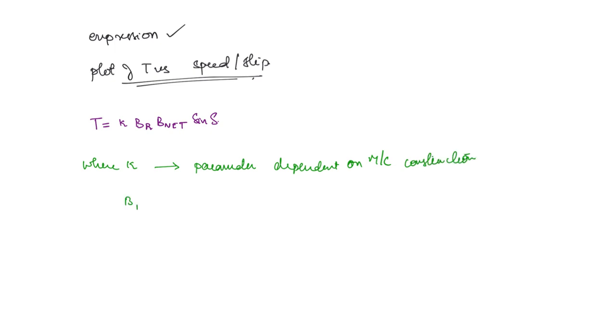What is BR? This is the rotor magnetic field density. And what is B net? This is the resultant magnetic field density. We have the stator as well as the rotor magnetic fields, and B net is the resultant of both these magnetic fields.